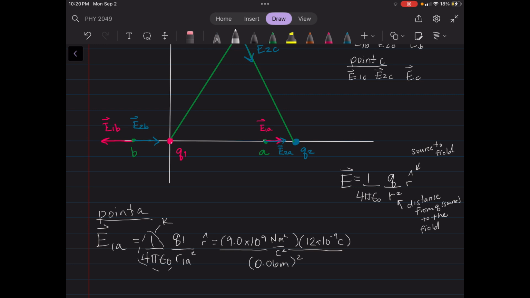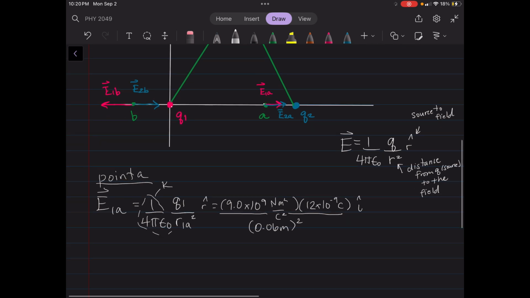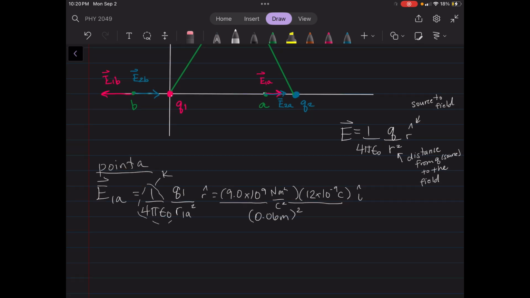I'll let you do that on your own, but it's just going to be I hat. Okay, let's get a numerical value for that. That's going to end up being 3 times 10 to the 4 newtons per coulomb I hat. So there's E1A.